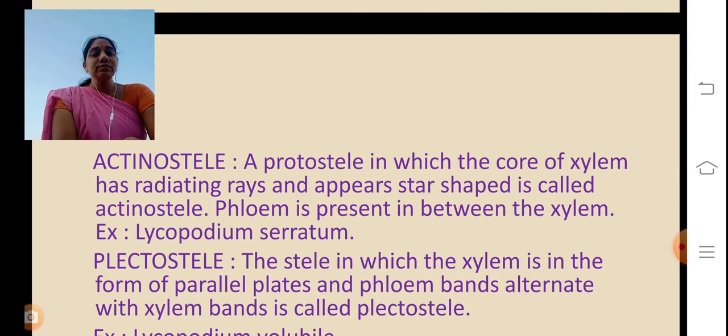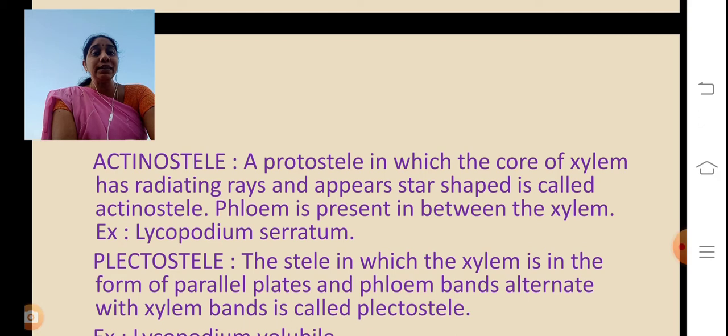Actinostele, a protostele in which the core of xylem has radiating rays and appears star-shaped, is called actinostele. Phloem is present in between the xylem. So, in actinostele, the xylem is star-shaped.